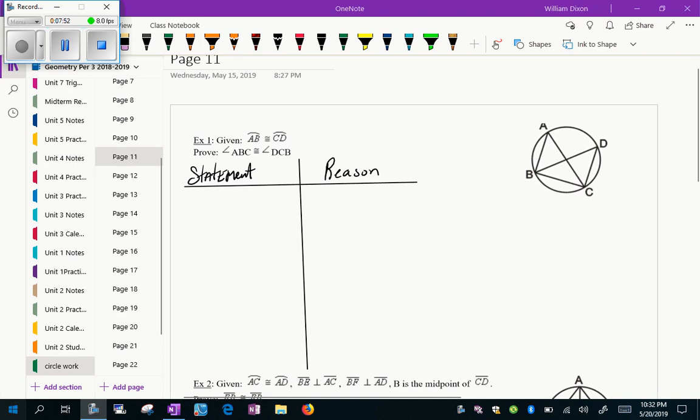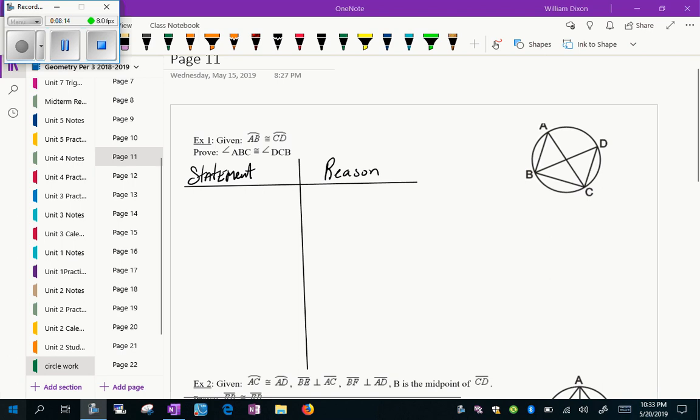And we have to think that if we can prove the two triangles are congruent, then we can prove that their parts, angles and sides, are congruent through CPCTC. So that's really the approach that we're going to take for this circle proof. But we're going to use our knowledge that we just learned through our theorems to help us along the way.